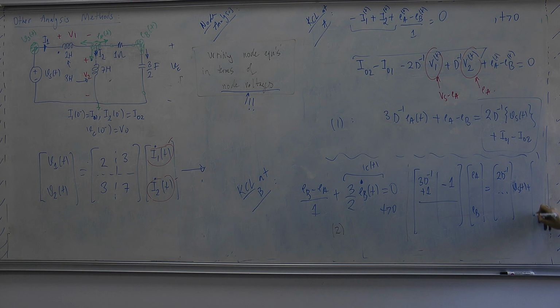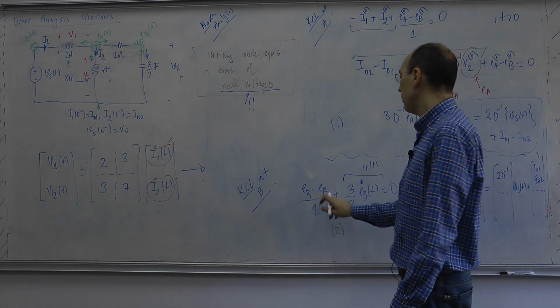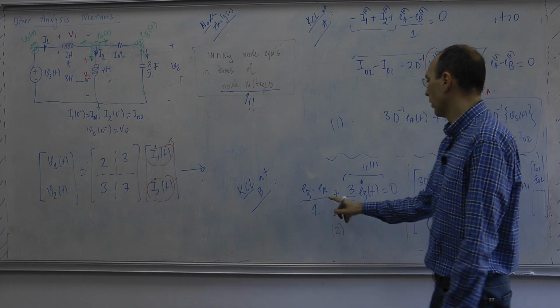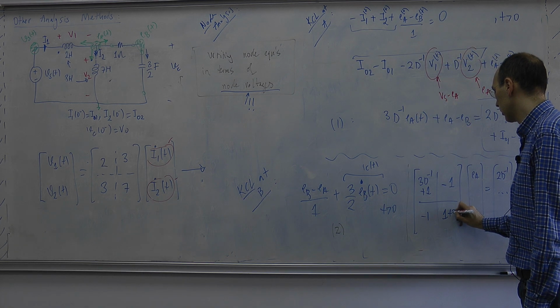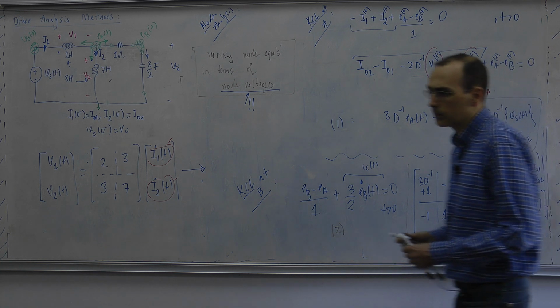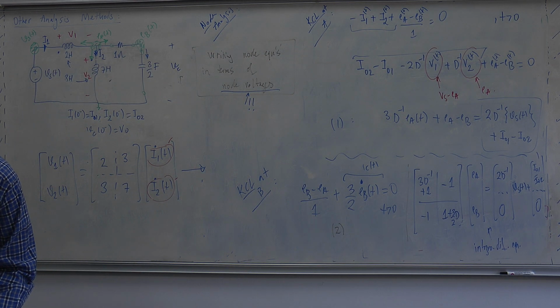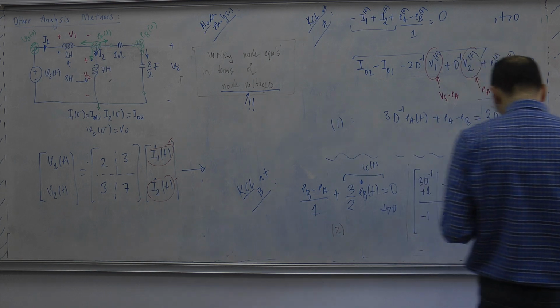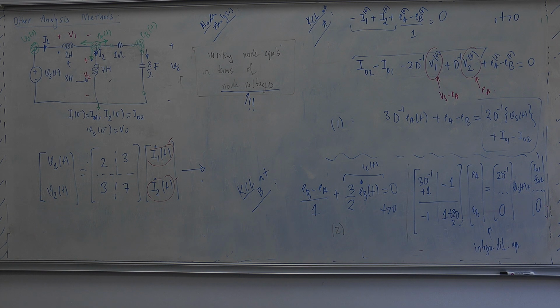And I have this initial condition I01 minus I02 over here. Okay. The second, EB minus EA and 3 over 2 EB dot is equal to 0. So this becomes my integral differential equation one more time. Integral differential equation. So let's check this. Okay. I think it is correct.